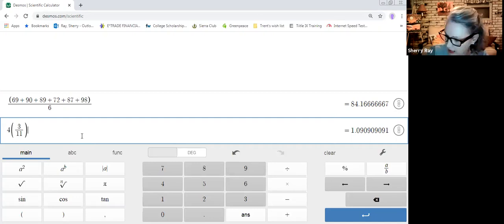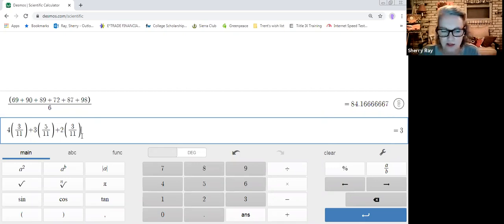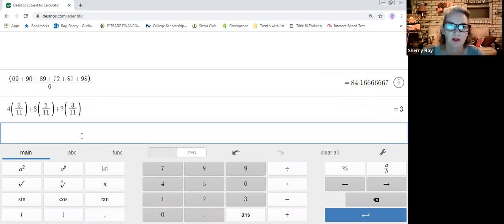And then I have plus 3 times 5 out of 11, arrow to the right, and then plus 2 times 3 out of 11. Now, I don't have any D's or F's, so I don't have to worry about those. Oh, I have a grade point average of 3.0.